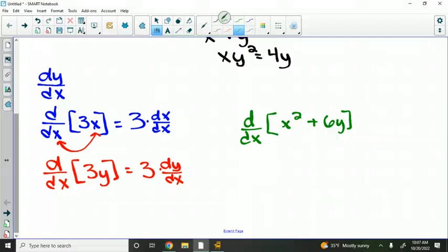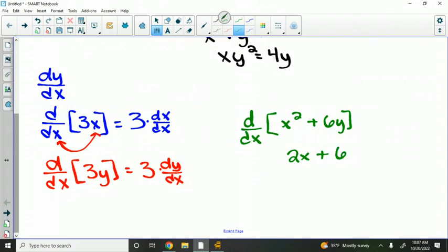If we start with x squared, just thinking about how it would flow off your tongue, what's the derivative of x squared? Well, we would say 2x. These variables match, so we just leave it like normal. Plus, okay, 6y. If we think about all of our rules, when we would derive that, it would just be a 6.